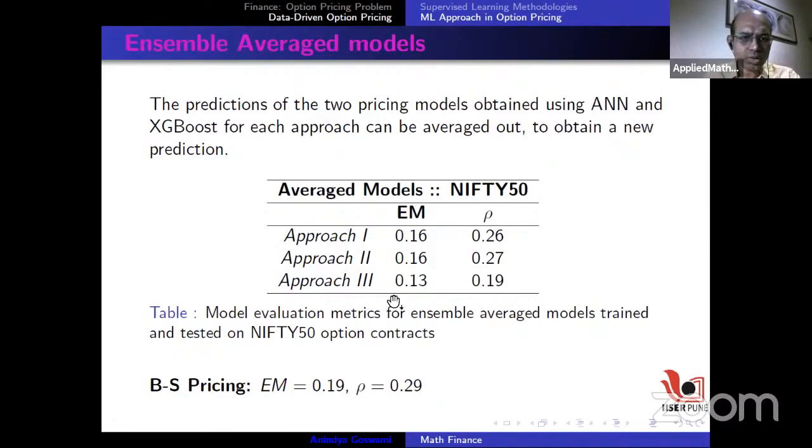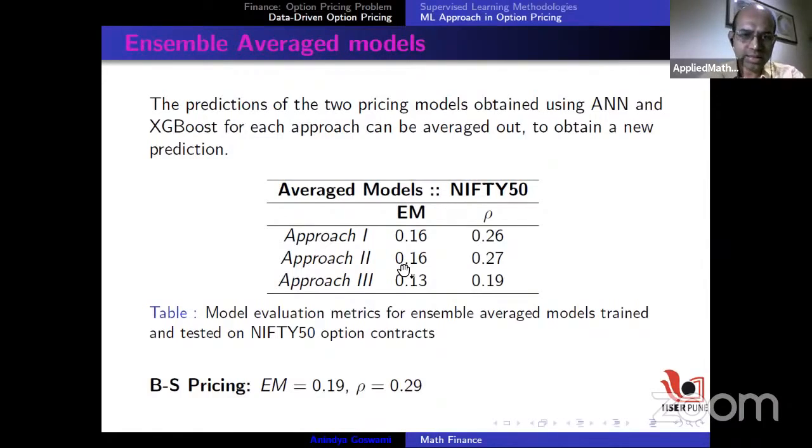This is shown only for Nifty 50, but this has been done for Bank Nifty also. For all the cases, we have seen the same phenomenon. For the other matrix also, we have a similar kind of observation. However, this was not our goal. Our goal was not to find a model which works better than Black-Scholes. Our main goal was to understand the challenges of data-driven option pricing.